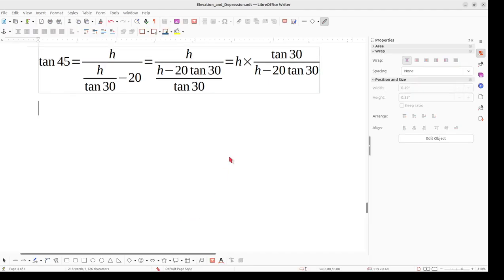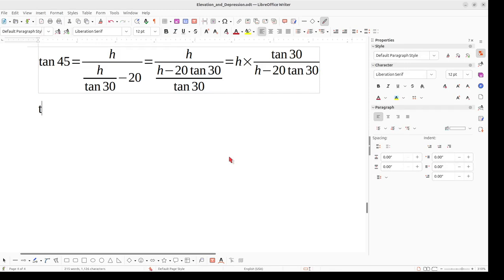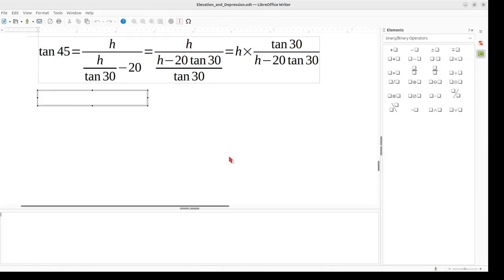So in other words, this is what we have now: tan 45 is equal to h tan 30 over h minus 20 tan 30.